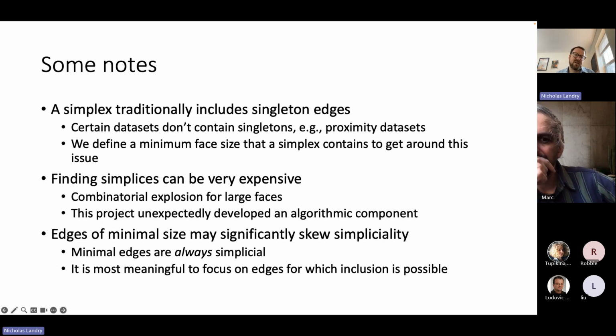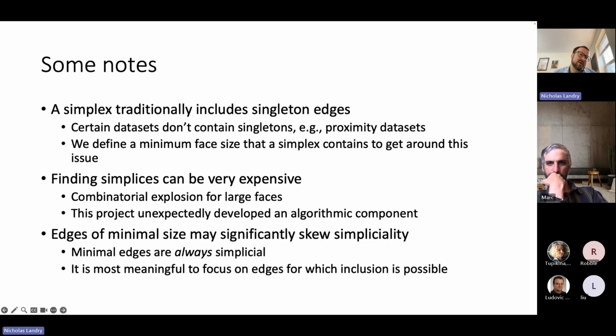So think of proximity data sets where you register a signal when two people are within a certain proximity of each other. Just by definition, there won't be any singleton edges, and therefore it can never be a simplicial complex. So we get around that by defining a minimum face size that a simplex contains. So instead of including singletons, we just say from the get-go, we exclude the singletons because they can't exist.